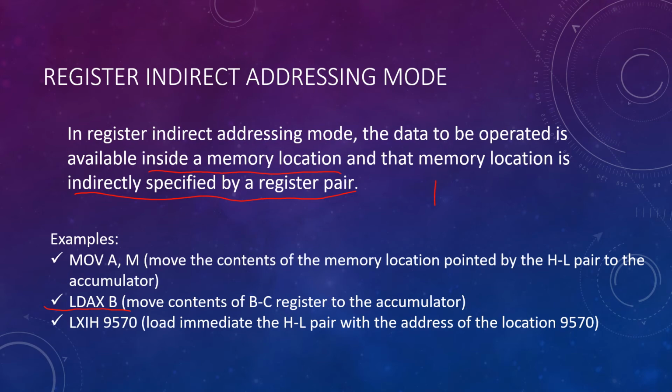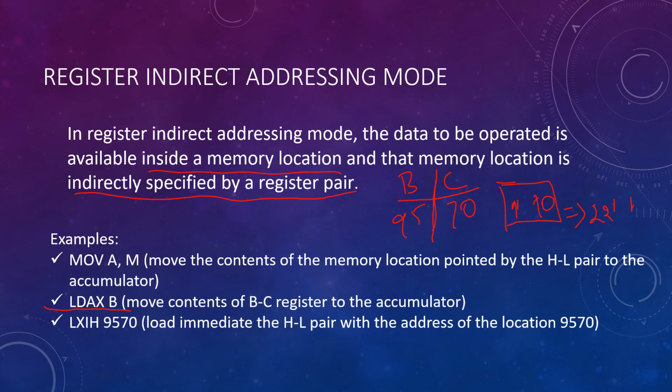Let us assume that this is our B register and this is our C register, and they hold 95 and 70 respectively. Finally, if we pair these two registers, we will have 95 70. Let us assume that at this address we are having the data 22H.